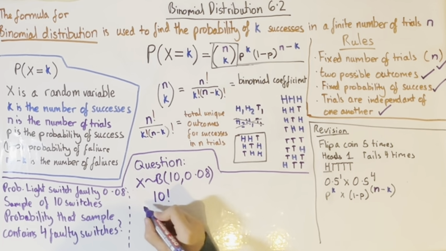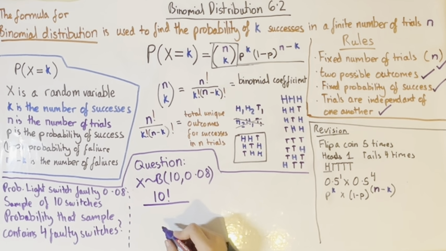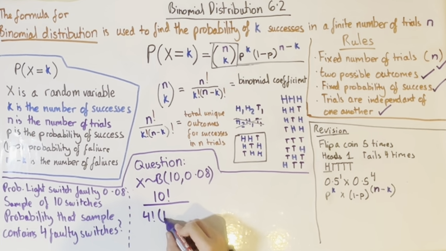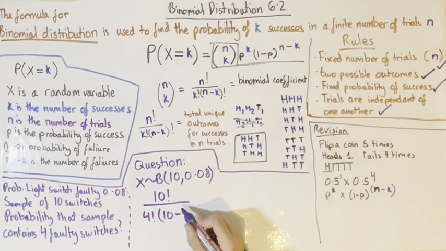We have 10 factorial over 4 factorial, because that's our successful outcome, times (10 minus 4) factorial, because if we have 4 faulty switches, that means we have to have 6 working switches as well.